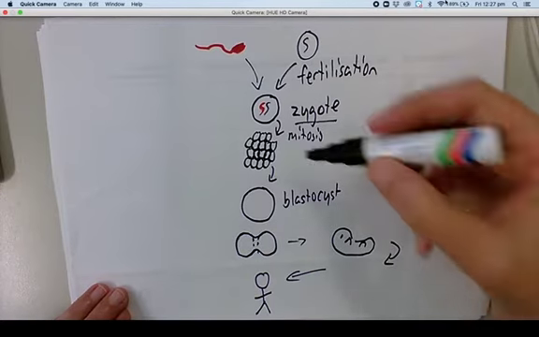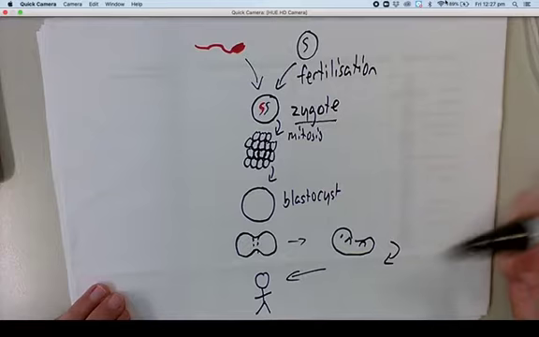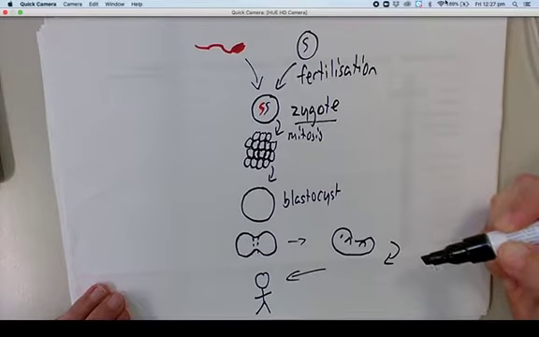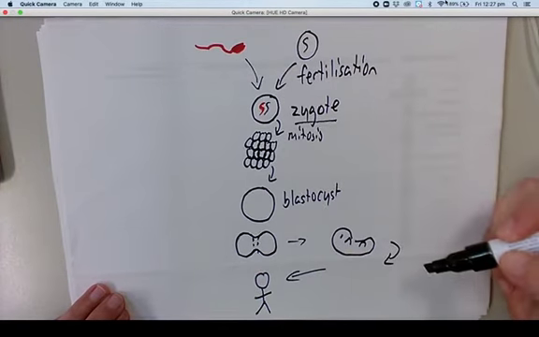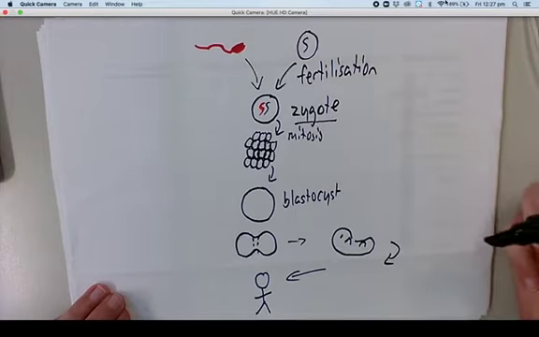But if that's all happening with completely identical cells, then our body's just not going to work. We're not going to have our different organs. We're not going to have our different tissues that we need. So, what do we do?